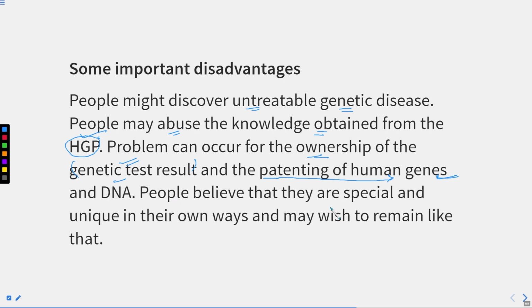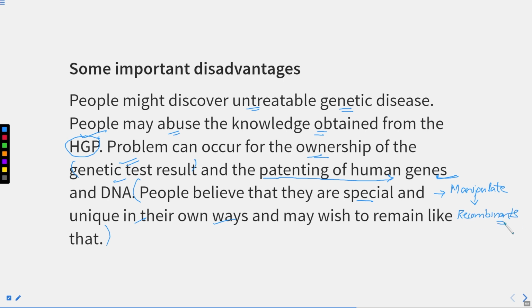Now, people believe that they are special and unique in their own ways and may wish to remain like that. So now we know the sequence of the human genome. We know the genes and all. We know which chromosome consists of how many genes, and also we can now manipulate the human genome and create recombinants.